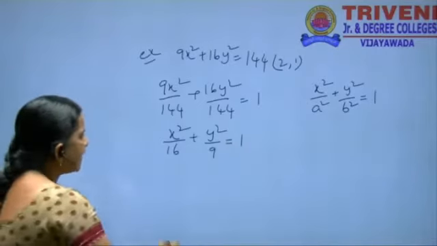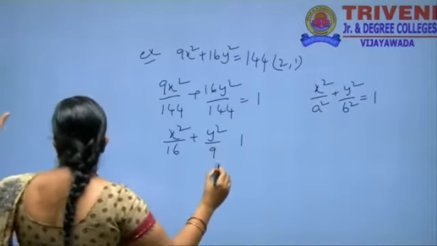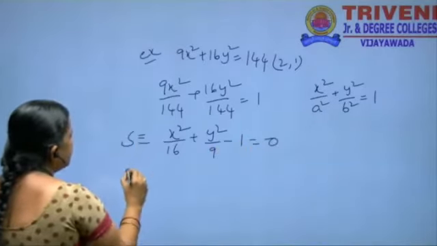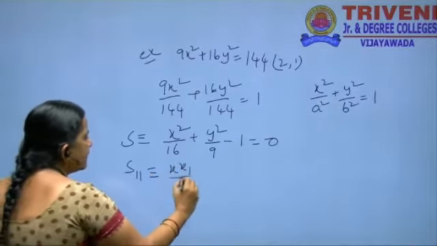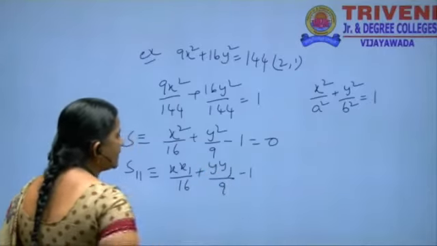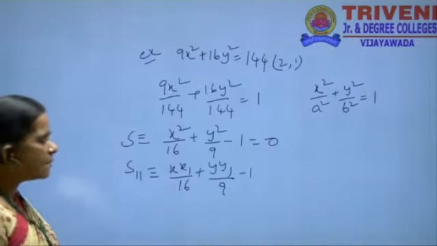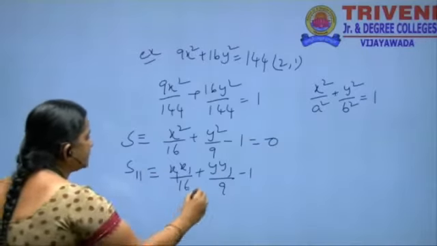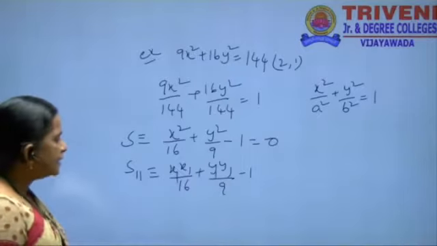Then you have to write the value of S11. S11 is x x1 by 16 plus y y1 by 9 minus 1.